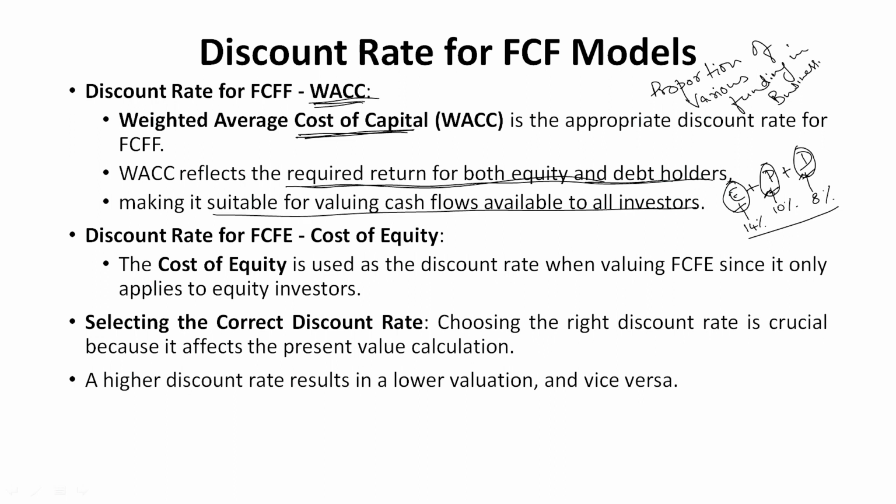So what I'm trying to do is, 20% will be equity, 30% would be preference, and 50% would be debt. This is how I find out the proportion of the different types of funding which is available. Why 20% of equity?